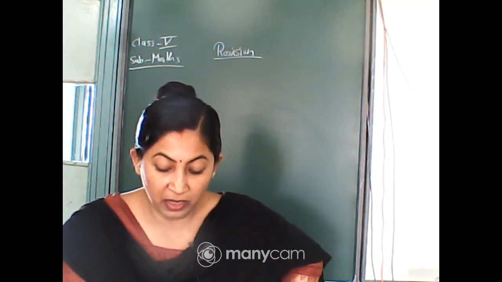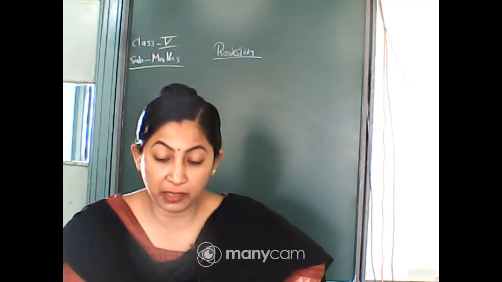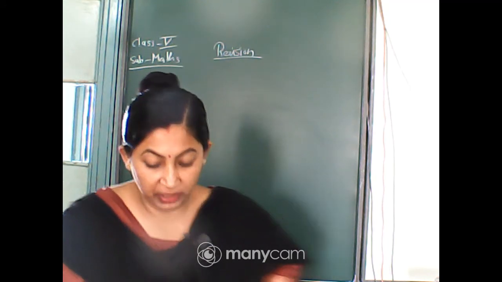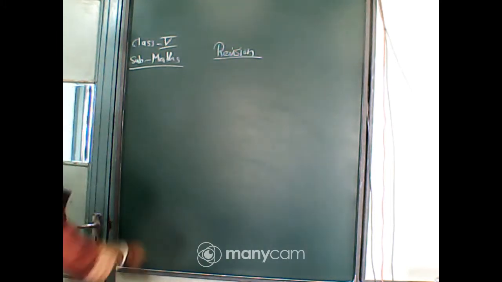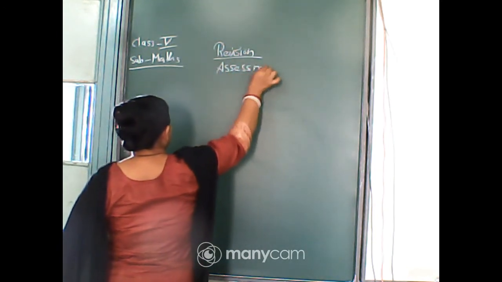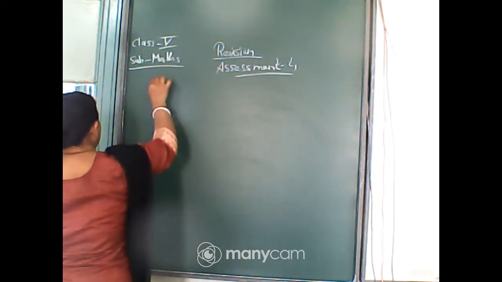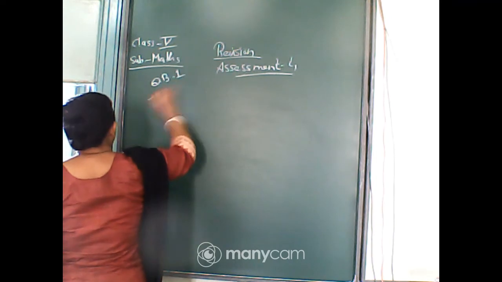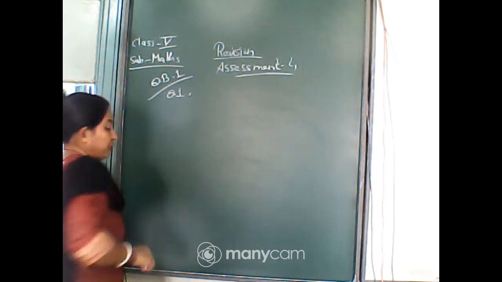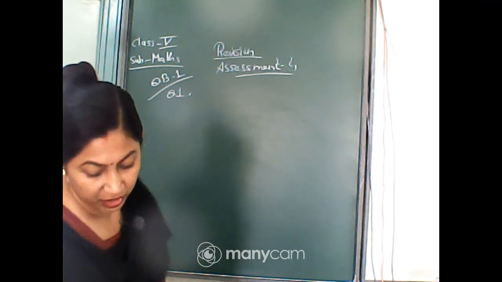So, here you will give a tick mark to option number C, assessment 4, question bag 1. Question number 1, the option will be exactly option number D, division.